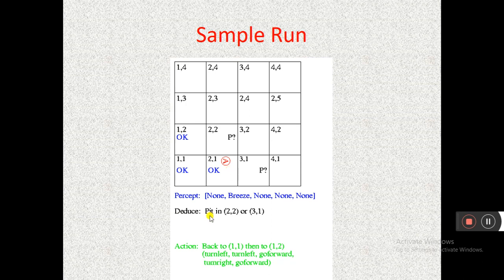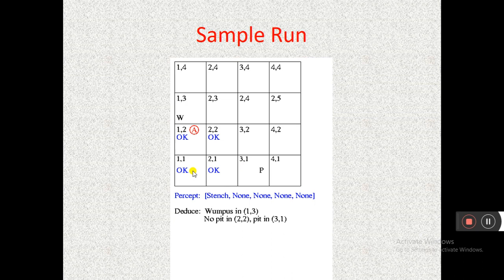So we will move backward to 1 1, then to 1 2, because when we moved here we received a perception that 2 2 or 3 1 has a pit, given the breeze. So we will move backward and then go to 1 2.